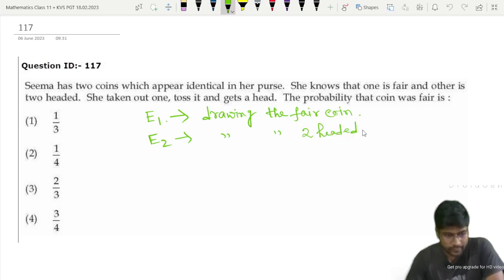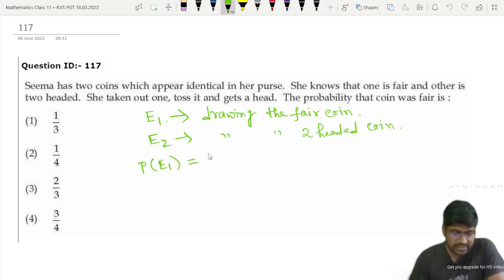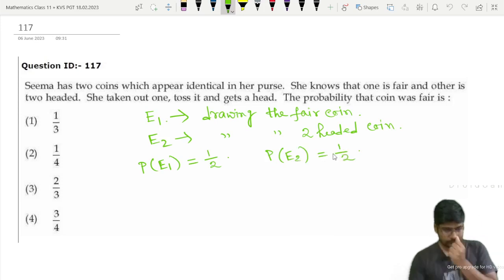So what is the probability of E1? Because only two coins are there, it is equal to 1 by 2. And what will be P of E2? Probability of E2, that will be equal to 1 by 2.